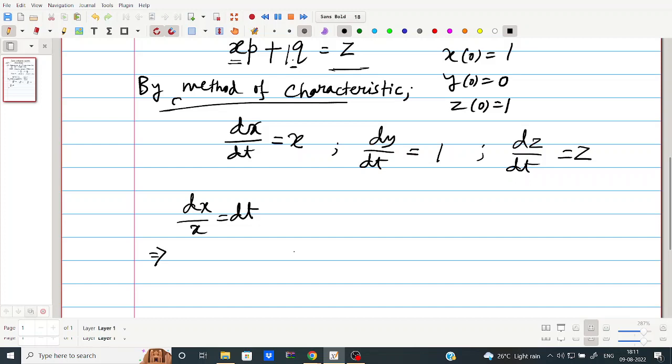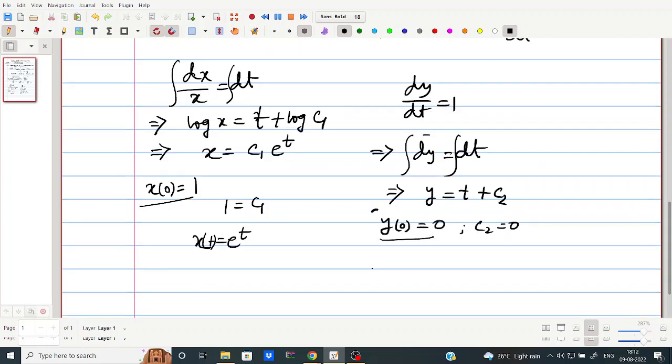Now solving the second equation, dy dt is 1 with y of 0 equal to 0. Integrating, I get y equal to t plus c2, some integration constant. Since y of 0 is 0, c2 is 0. You understand? Yes, sir. Okay, so y equal to t.